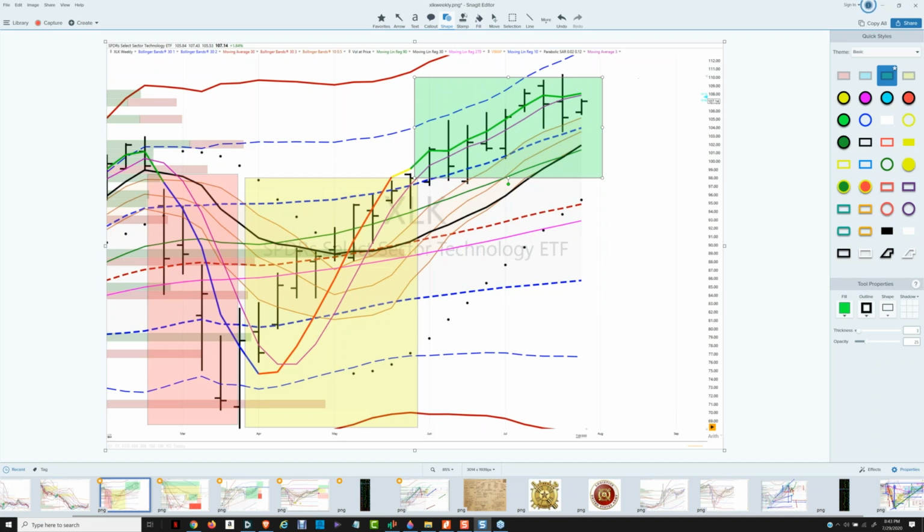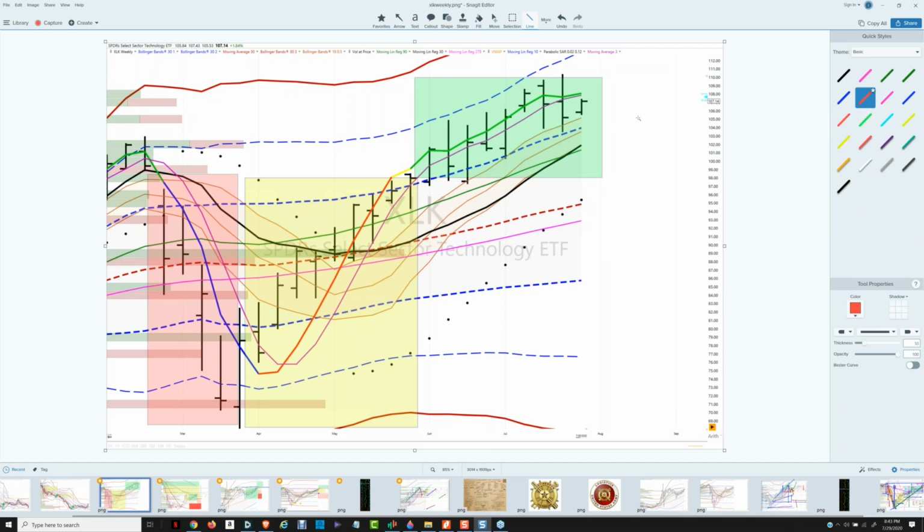So I kind of like what I'm seeing in tech here as a support level, at Z1 or the spine of the dragon, if you will. And certainly the base of the dragon. C1 is also last week's low. So if those two hold, this thing should be pretty good.